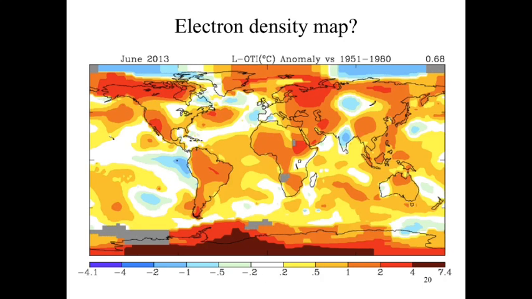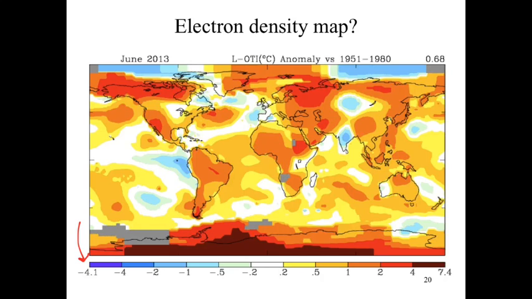So before we move further, I want to make sure you understand what an electron density map is. If we look at this map, what does it mean? We color code different things to mean stuff. Blue, in this case, means a decrease in temperature change, believe it or not.